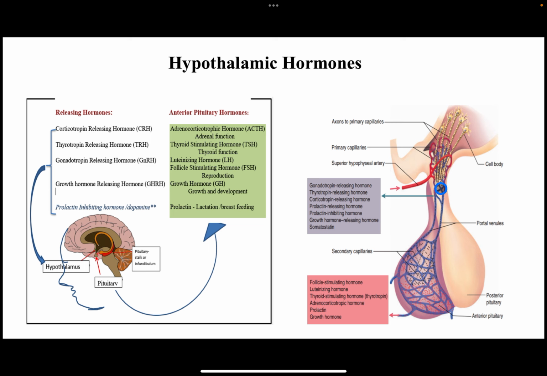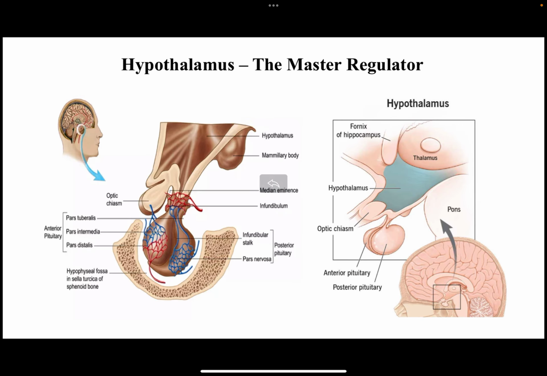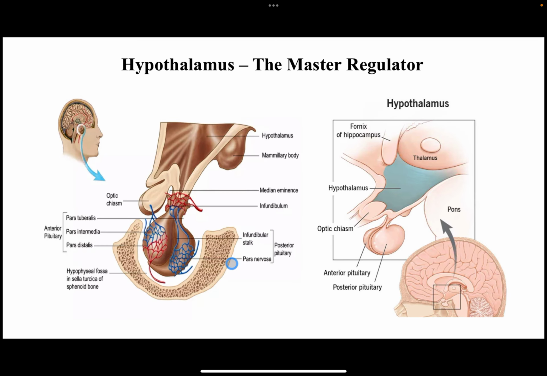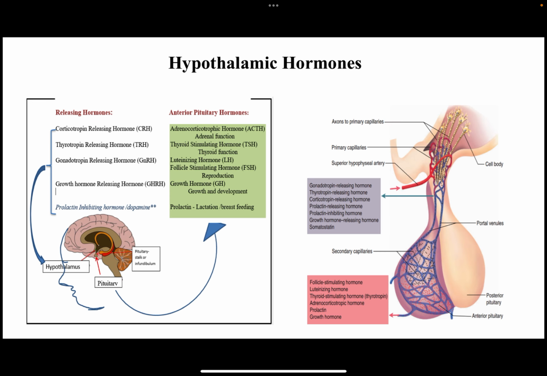Then they get to the axon terminals and they are released through the secretory vessels into the posterior pituitary and stored in the posterior pituitary gland. That is what we are talking about, the hypothalamo hypophyseal tract. Is that okay? So that tract uses nerve fibers. Okay, nerve fibers. Is that okay?